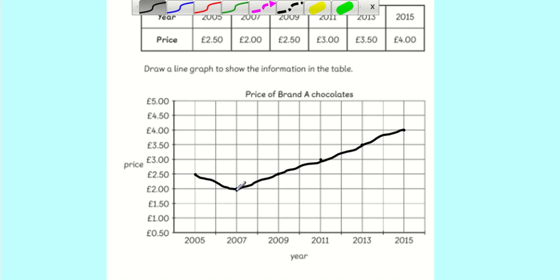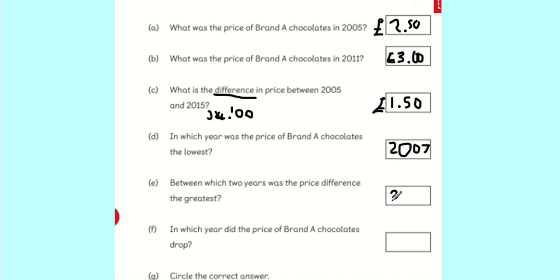And it's an increase of £1, £2, £3, £4, isn't it? £4 increase. So it's between the years 2007 and 2015 we have the biggest difference in our increase. So it's 2007 to 2015.